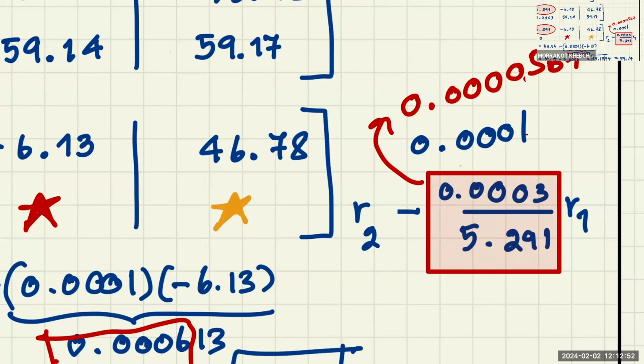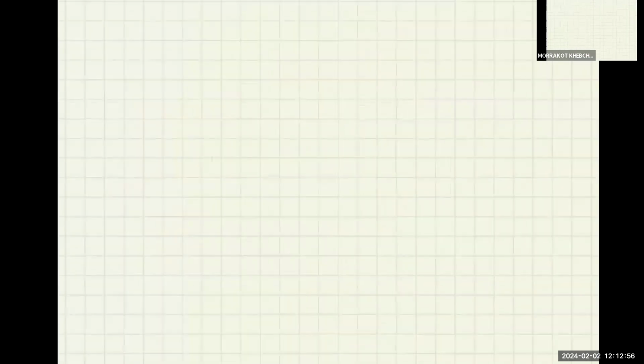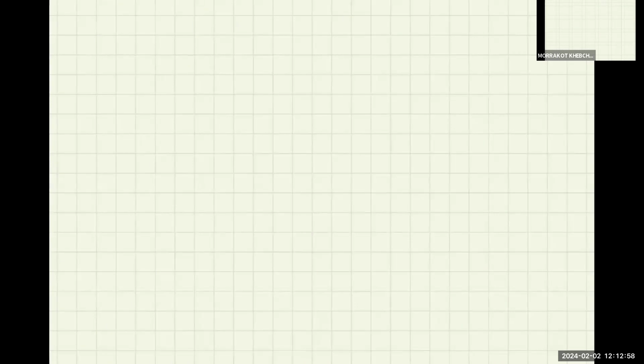So this introduces what we call Gaussian elimination with partial pivoting.